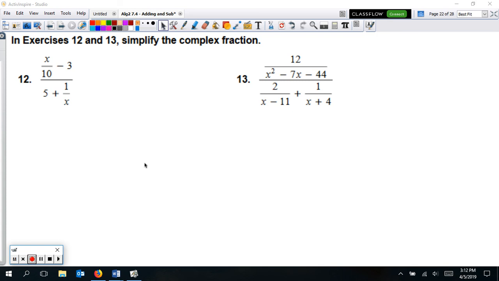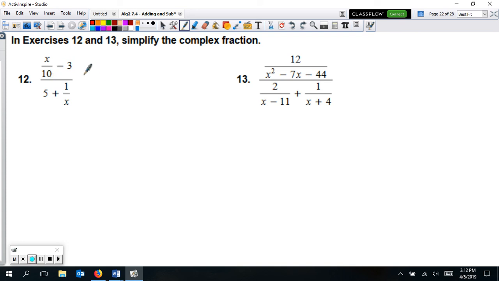Okay, so for number 12 we have a complex fraction, which is a kind of a fraction problem over a fraction problem, or even just a fraction over a fraction. But in this case, we have to do each problem first. Simplify each numerator and the denominator to a single fraction. So we'll start with this one here. This 3 would be over 1, so the common denominator is going to be 10.